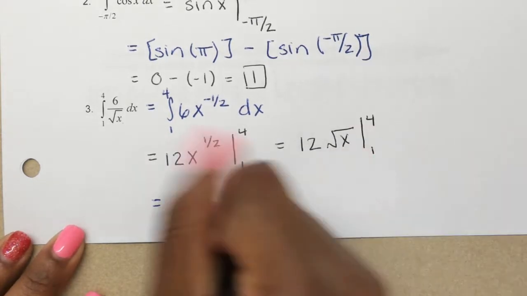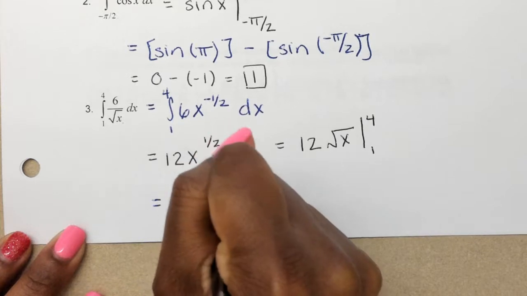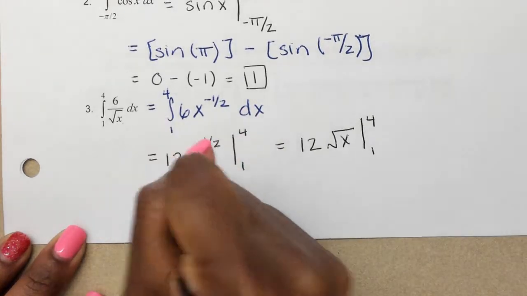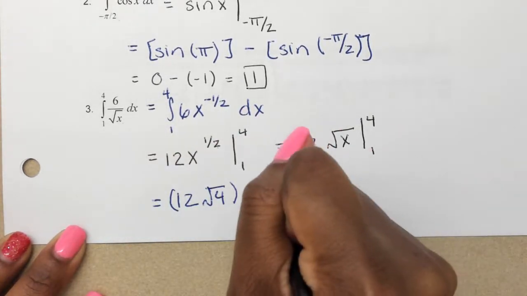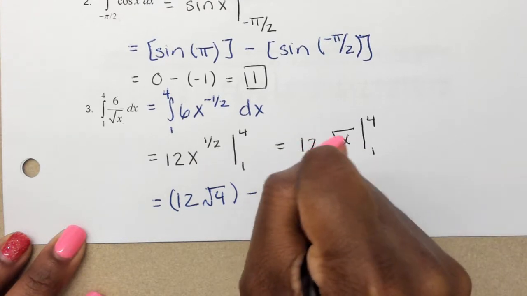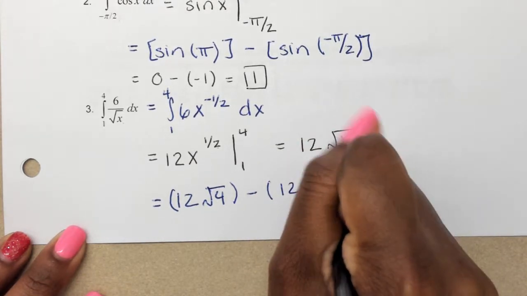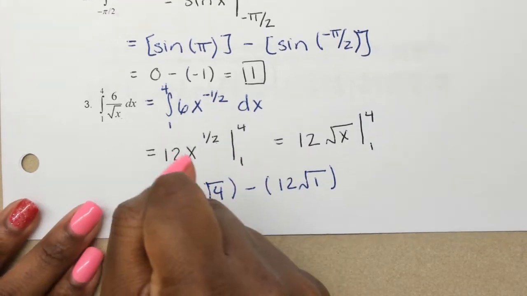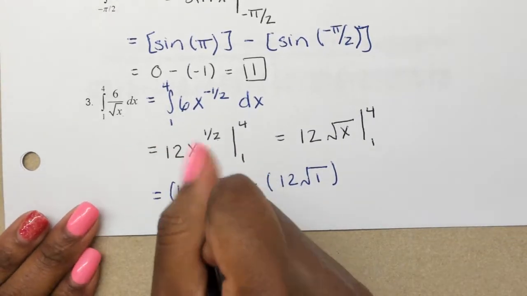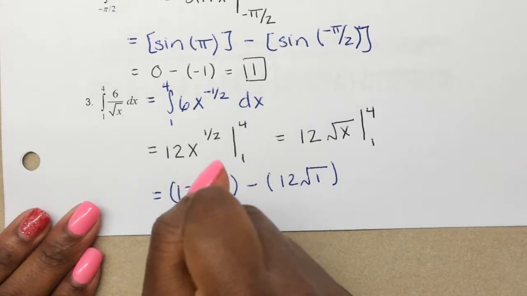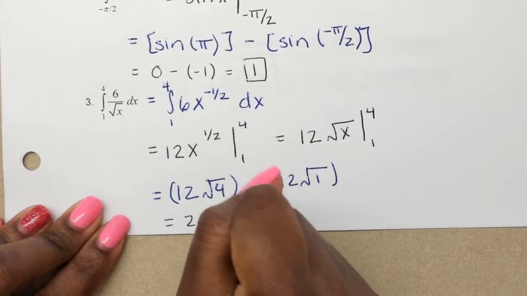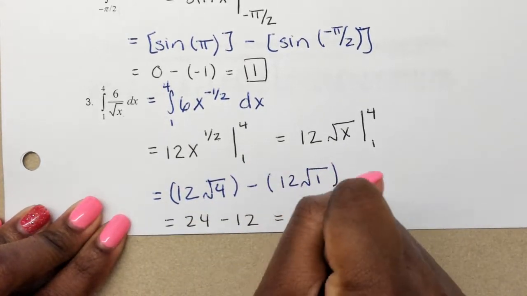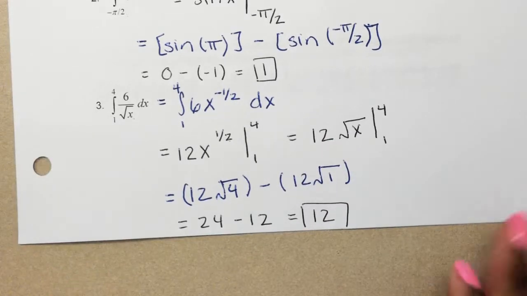So our upper limit is 4, so we have 12 square root of 4 minus, and then our lower limit is 1, so 12 square root of 1, which gives us 12 times 2, which is 24, minus 12, so our answer is 12.